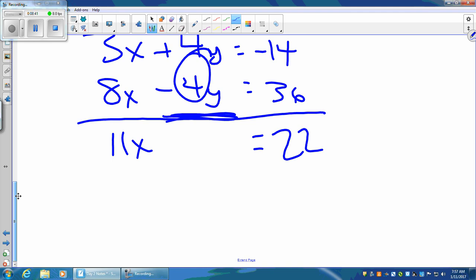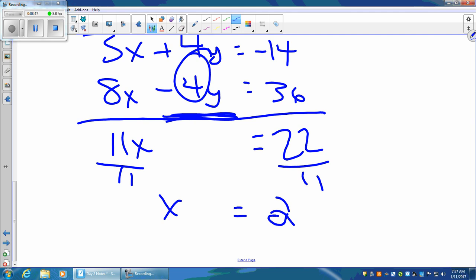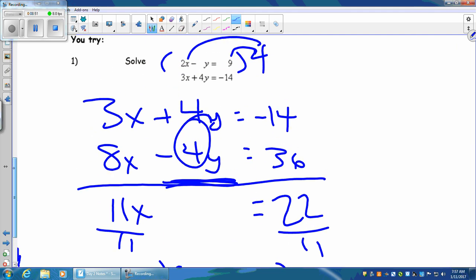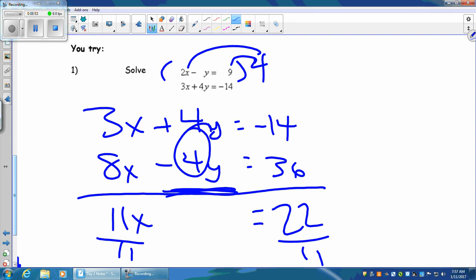So now let's divide both sides by 11, and we end up getting x is 2. What do I need to do after that? I need to plug it back into either one of these. We said x was 2. The top one looks easier, but there's that negative there that scares me. I'm still going to do that bottom one. I can't stand negatives. So now let's plug into here.